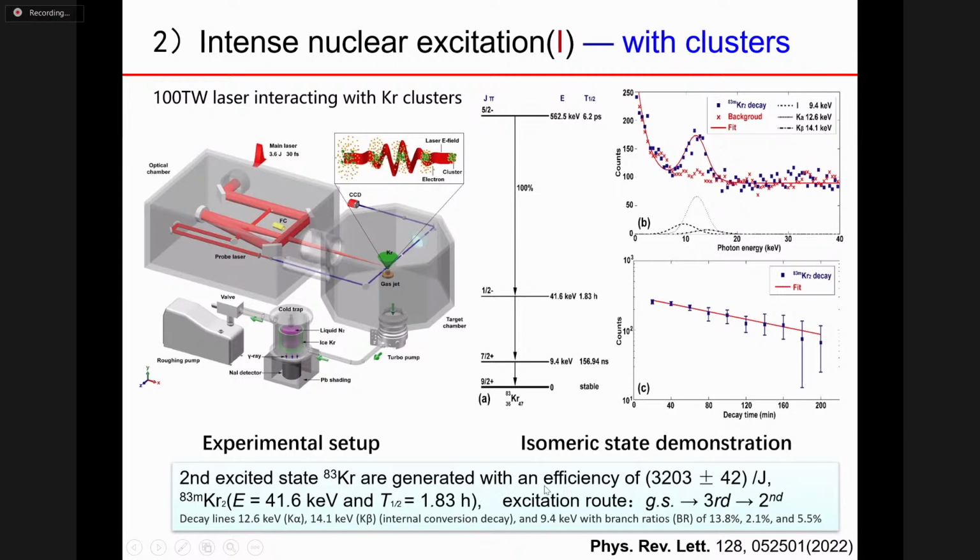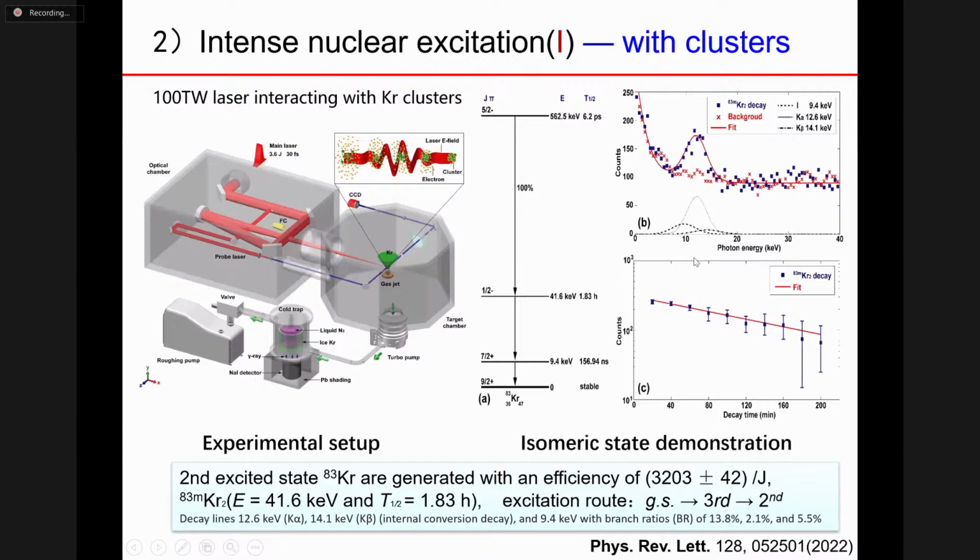and the exciting efficiency is 3000 per joule. The excitation goes from the ground state to the third state and the second state. And we really detected the line, which matches the theoretical calculations.